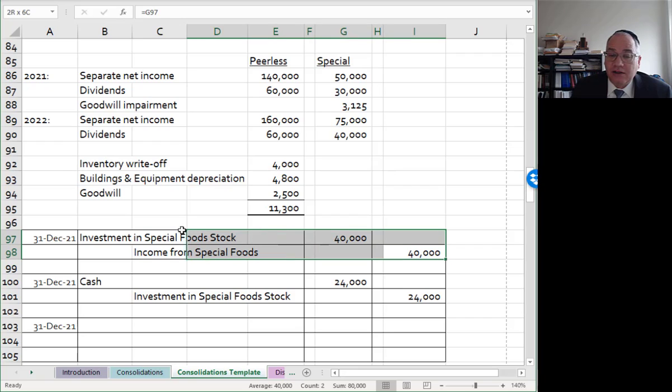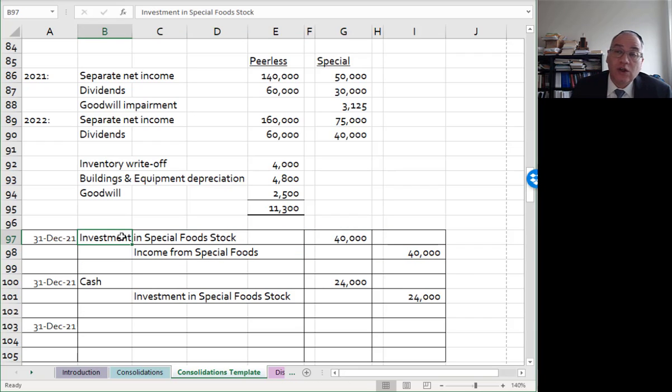So this $40,000 credit to income from Special Foods only accounts for what's on the books of Special. These other write-ups, and write-downs if there were any, need to be accounted for separately by the parent in this equity method entry. This is called the fully adjusted equity method. The truth is that the parent doesn't need to use this method.